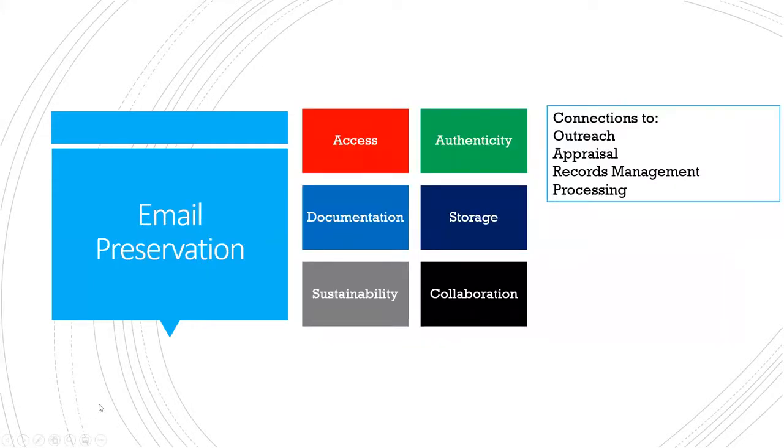So let's take email and connect the preservation of email to some of the different aspects of digital preservation that we've been talking about during this course, and to some of the different processes that archives engage in. So looking at access, in the PRONOM draft report, they talk about having a PDF/A format, and they argue that this is a format that is readily accessible because of the ubiquitous nature of PDF readers, and it's also a file format that is going to retain and provide vital information about the email.